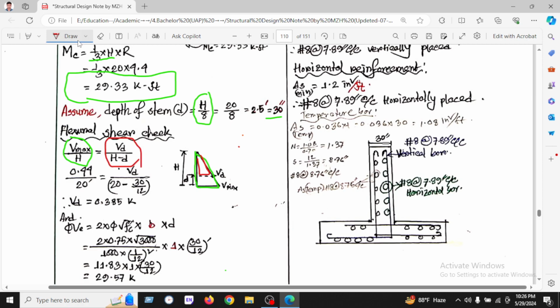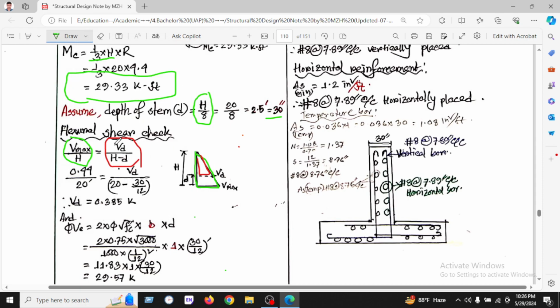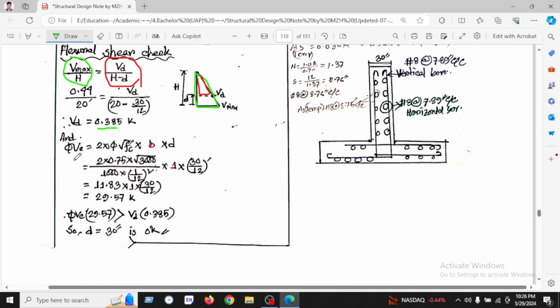So we will compare the small triangle with the big triangle and we have found Vu, which means the shear at depth d at the point, which is 0.385 kip. And the capacity of the shear, phi Vc, equals 2 root fc' times b d.